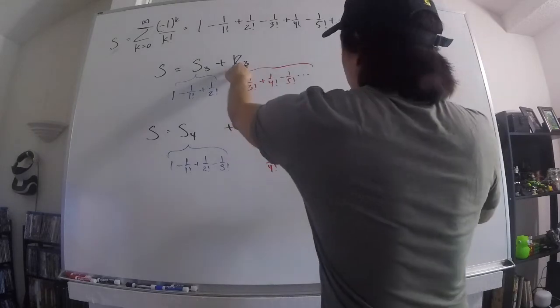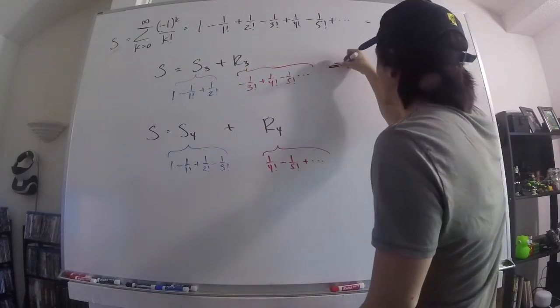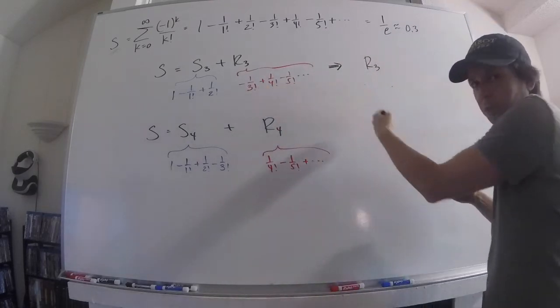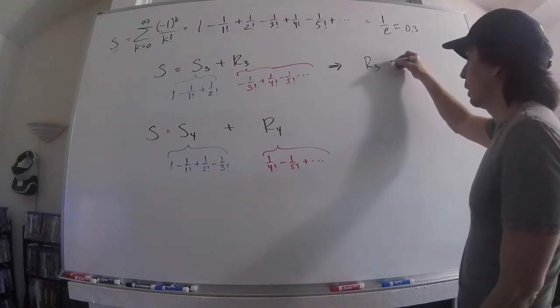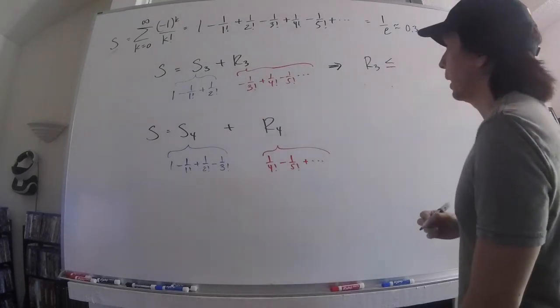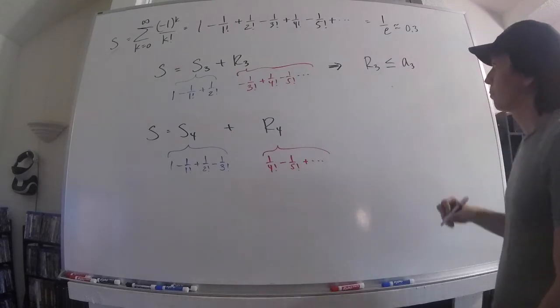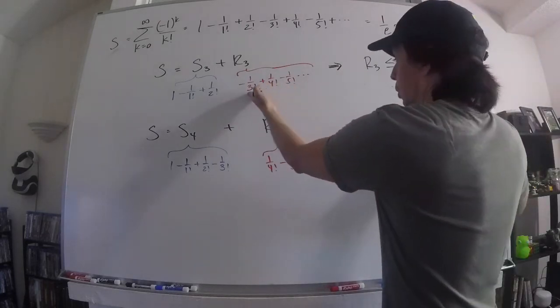For this R3, using my third partial sum, I could get the exact value by doing all that, but I'm not going to; I just want to bound it. My R3, I know, is less than or equal to a3, which means that it's less than or equal to 1 over 3 factorial.